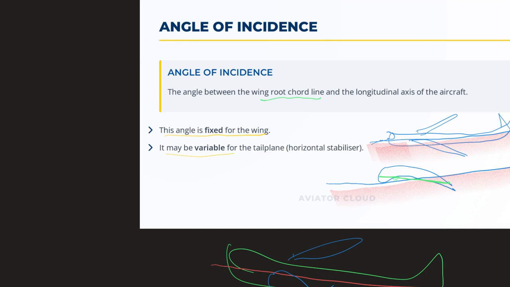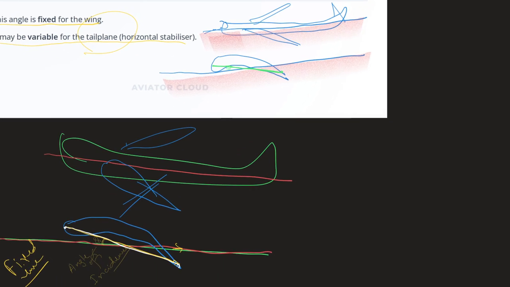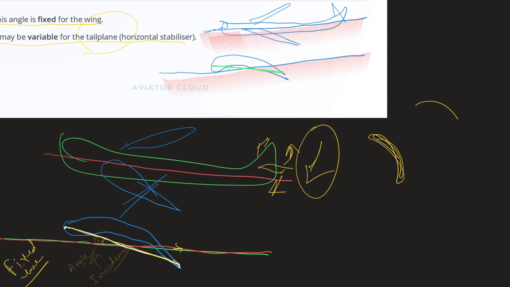It may be variable for the tailplane, the horizontal stabilizer. Yes, it can vary for the tailplane. I will explain later. Here you have the tailplane, right? Now this tailplane we can rotate a little bit, up and down. So when we change the tailplane, the angle also changes.